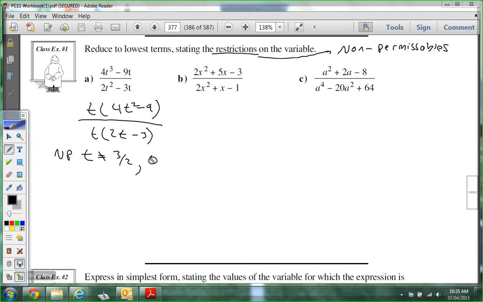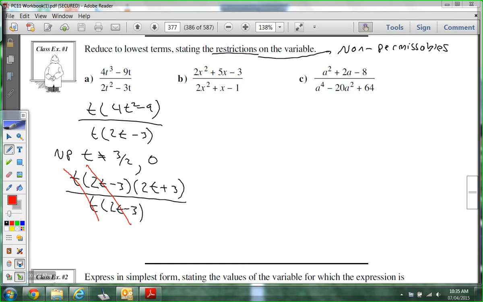Okay, so now we're going to factor the top. The top is a difference of squares. So we get t times 2t minus 3, 2t plus 3, all over t, 2t minus 3. Okay, and then we see that the t's cancel, the 2t minus 3 cancel.